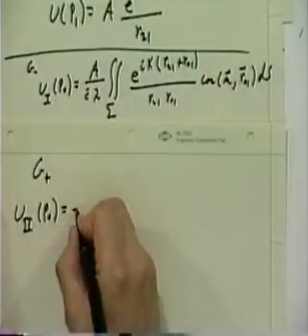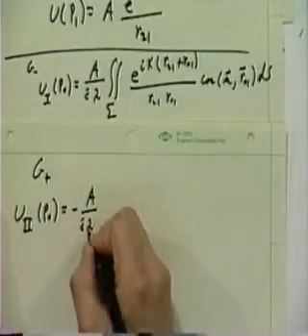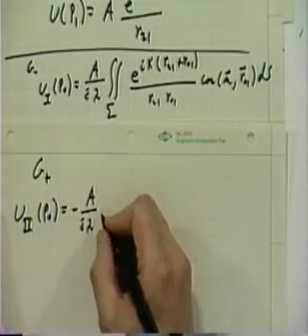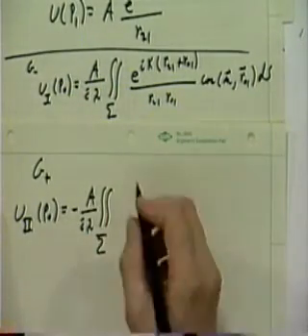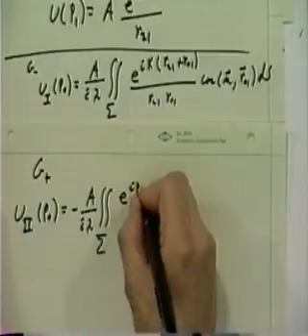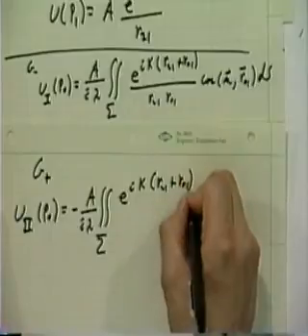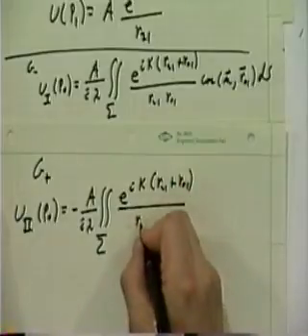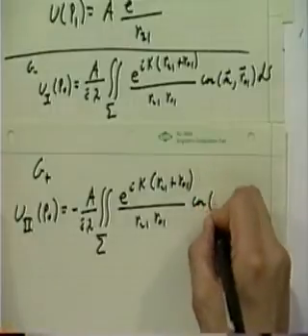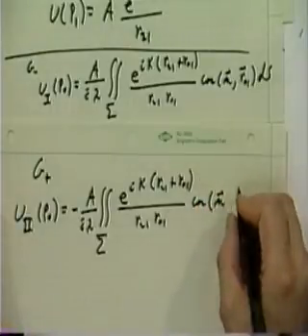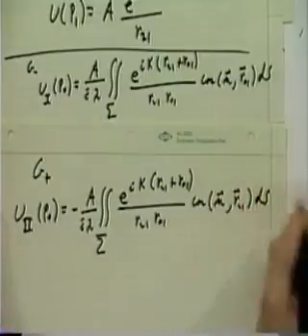And that's going to be minus A over i lambda, integral over the aperture of e to the ik(R21 plus R01) over R21 R01, cosine of n, R21 ds.